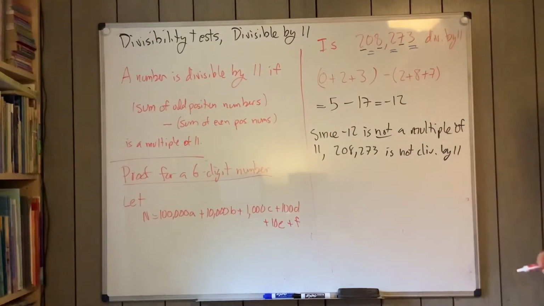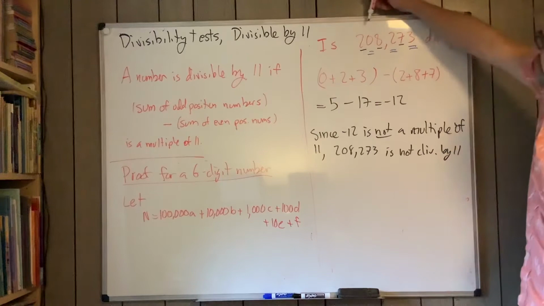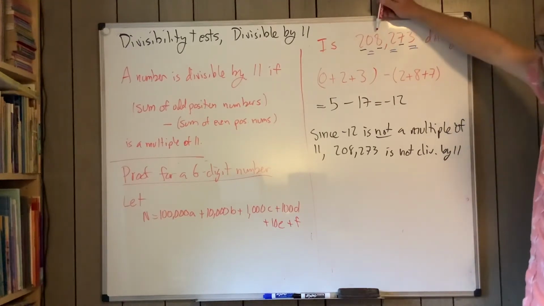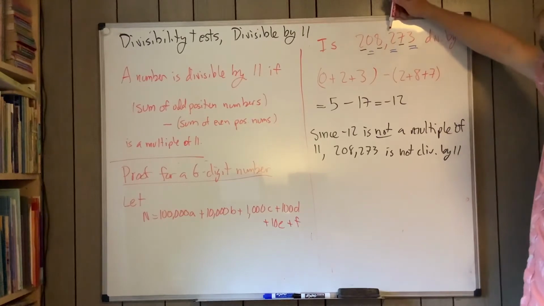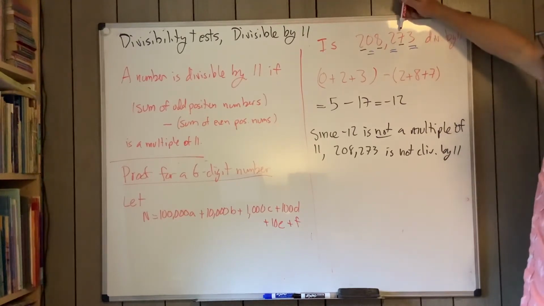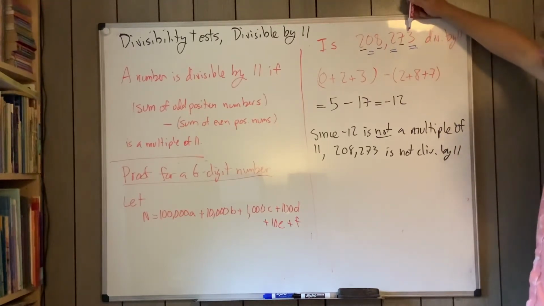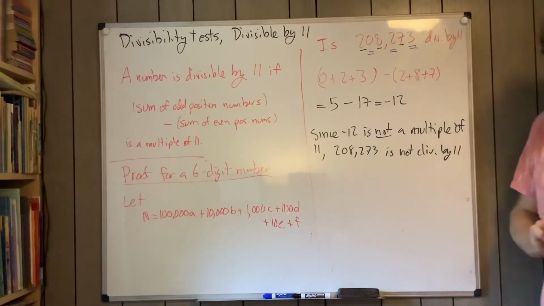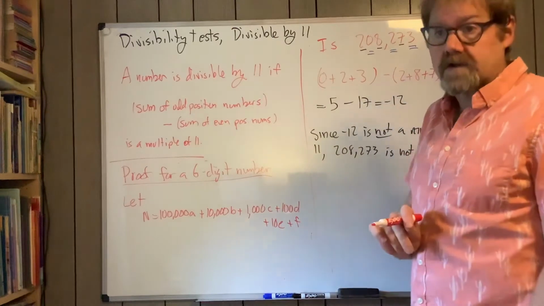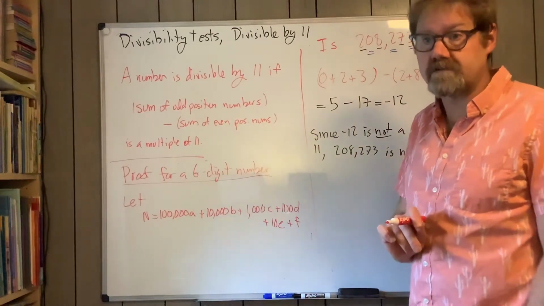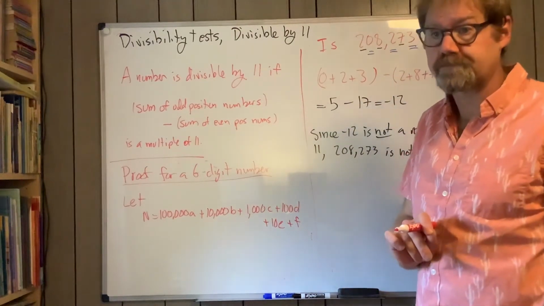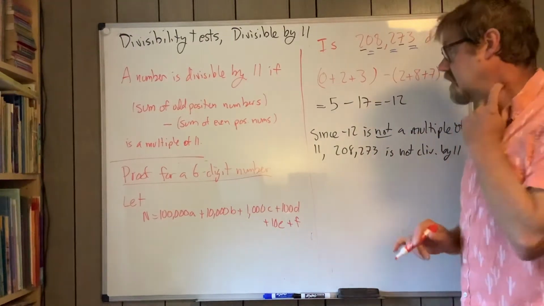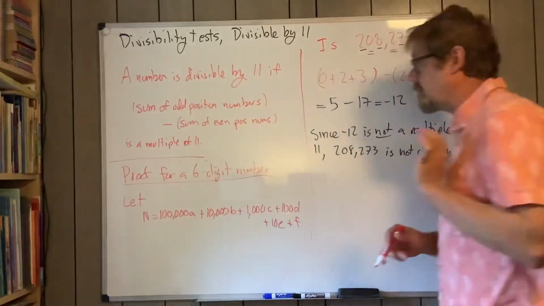If I do this, then A is 2, B is 0, C is 8, D is 2, E is 7, and F is 3. Now, this is what we're trying to do, we're trying to get this thing set up.